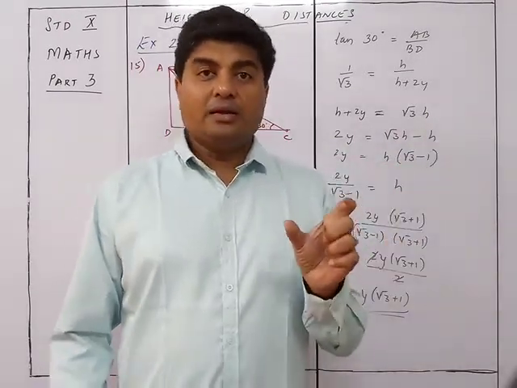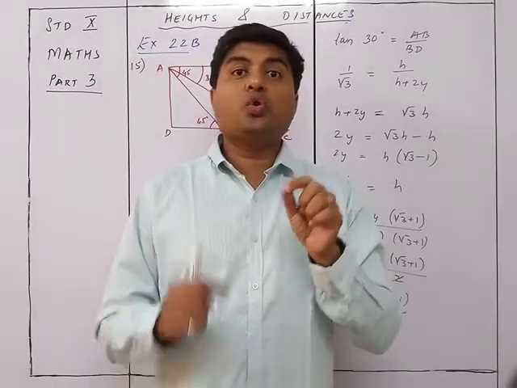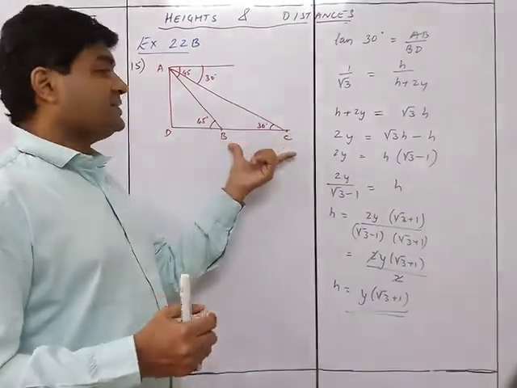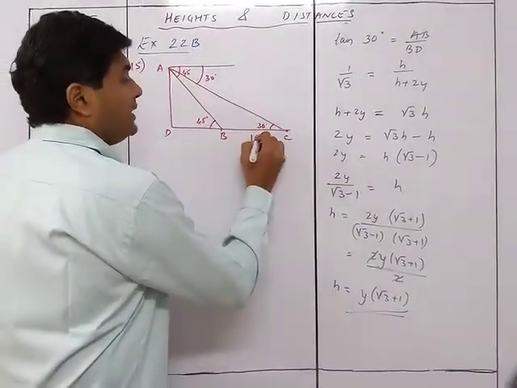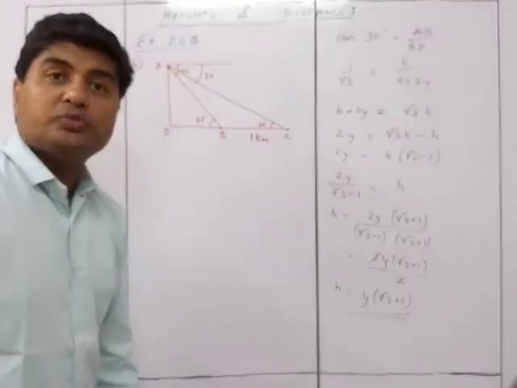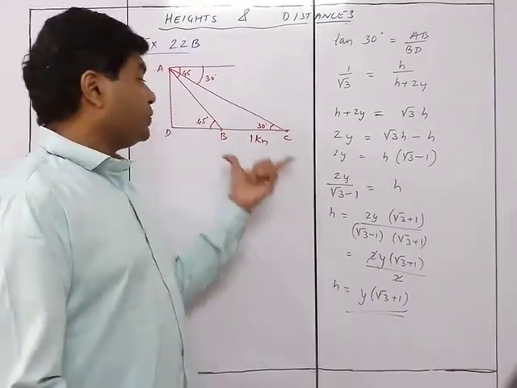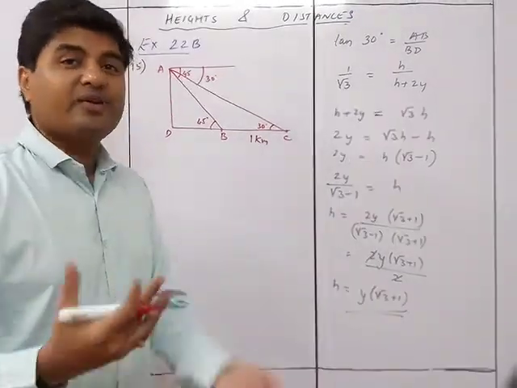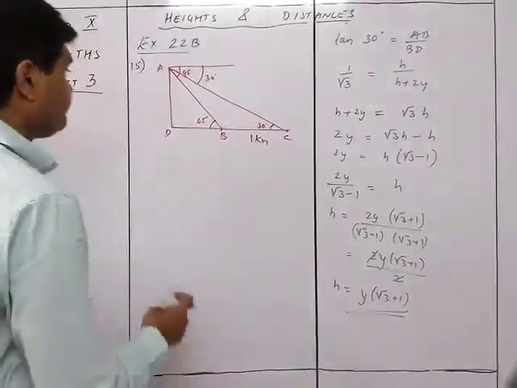So two consecutive kilometer stones means the distance between the two stones is 1 kilometer. This is already given to you, but in a different manner, hence the confusion.